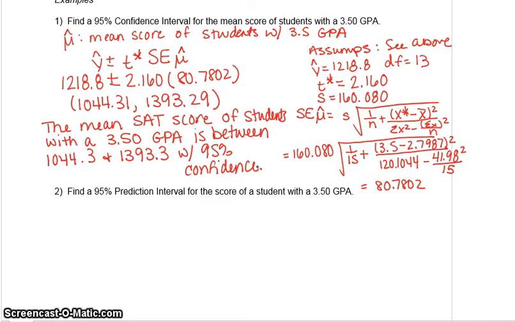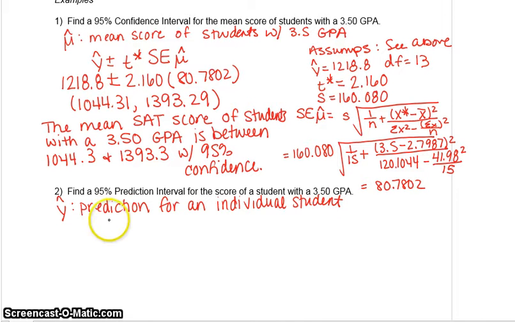Now a prediction interval would be very similar. This time, the parameter we're defining is a y hat, and we'll call it the prediction for an individual student with a 3.5 GPA.